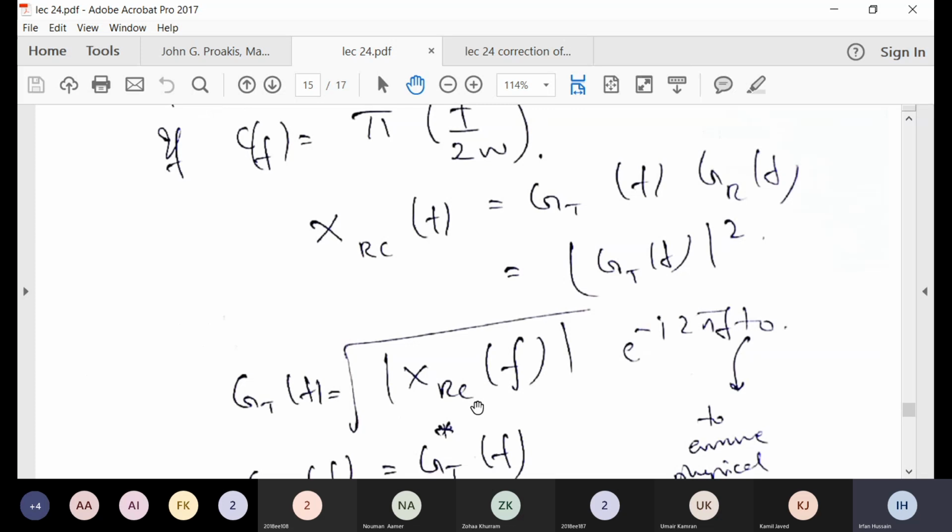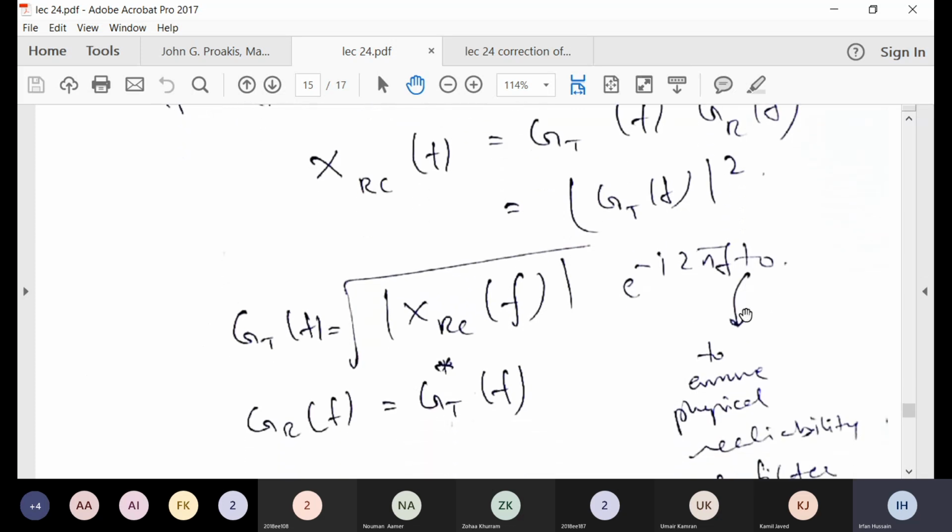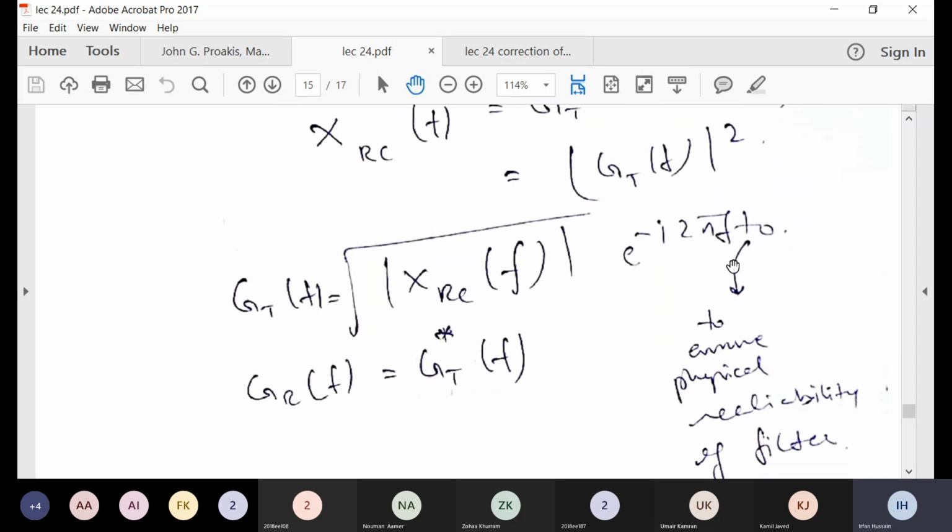Hence G_T of f mod square will equal X_rc times e to the power minus j 2 pi f t naught. This is just there for physical realizability and causality, so that systems can be realized. So G_T of f will be the square root like this, and hence the receive filter is conjugate symmetric to G_T of f.